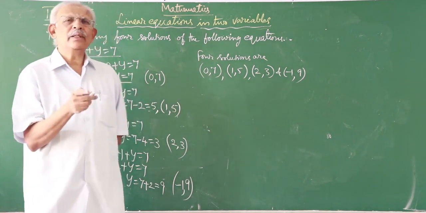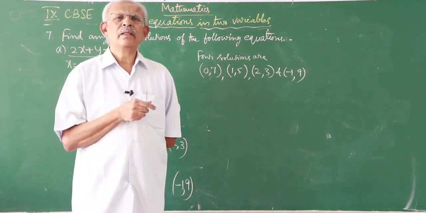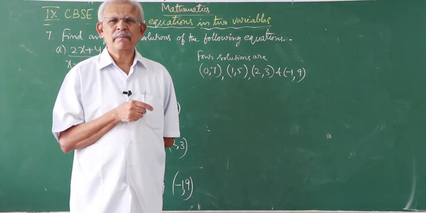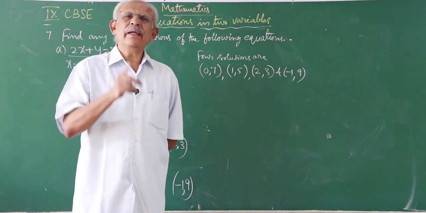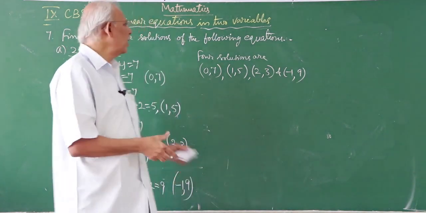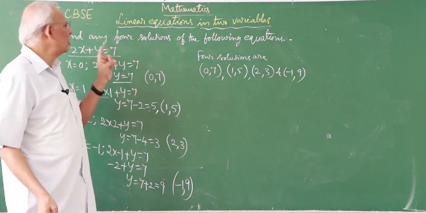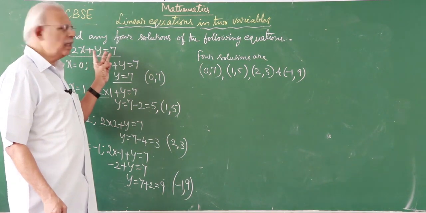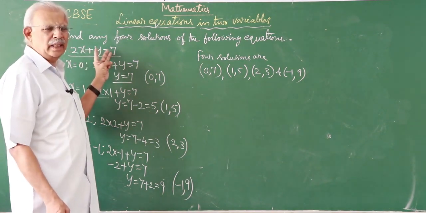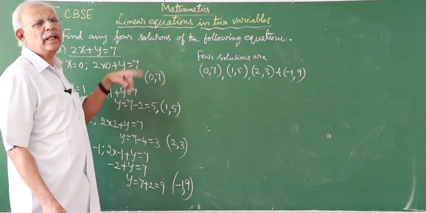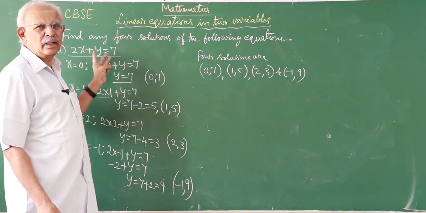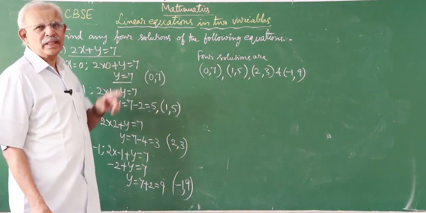You must be in a position to find at least 4 solutions. But while drawing the graph of the given equation, which you are going to learn in the next coming periods, it will be in the form of a straight line.